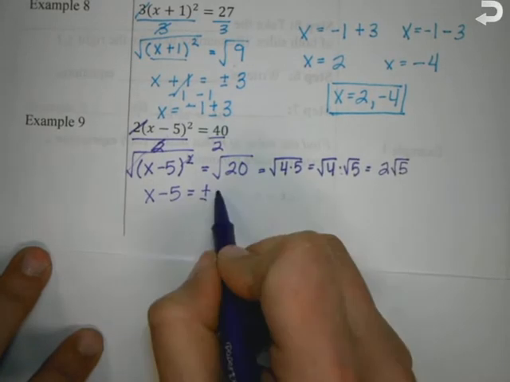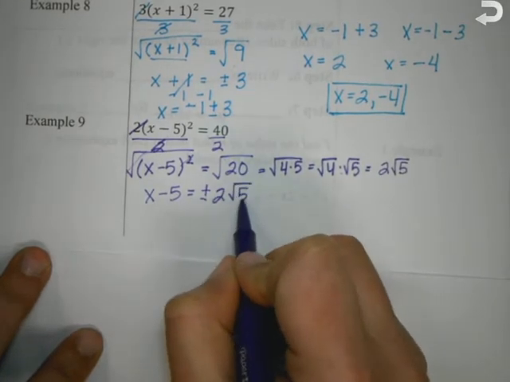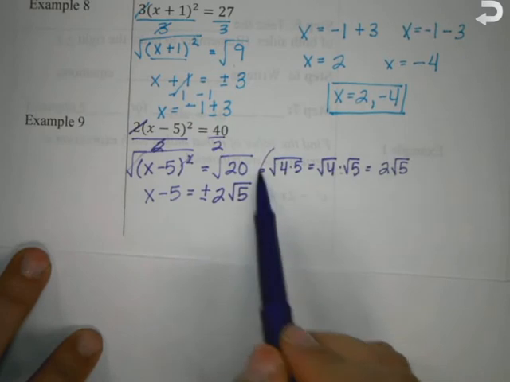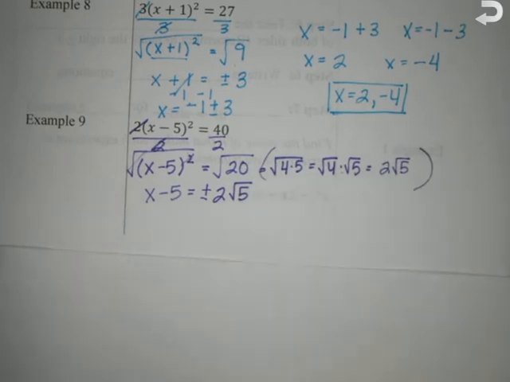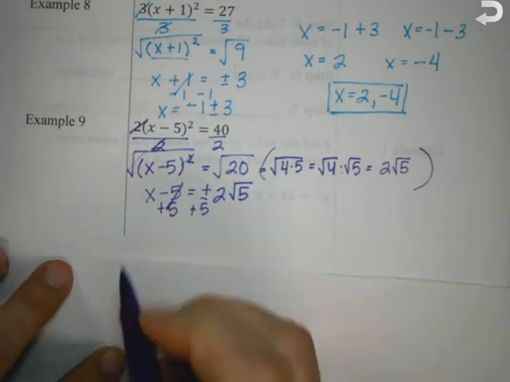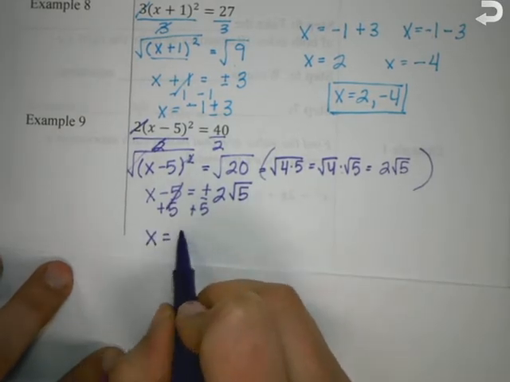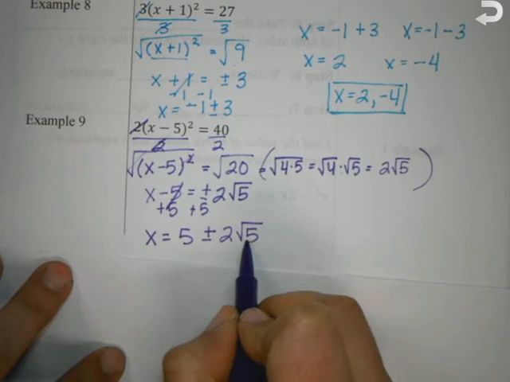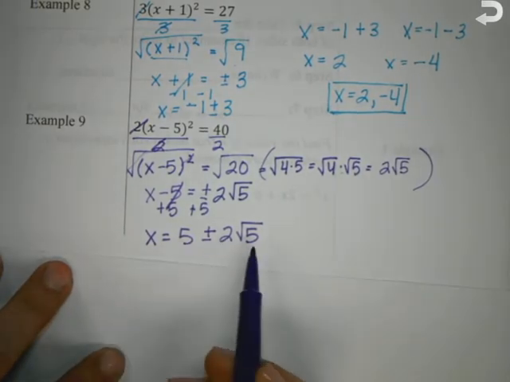Yes. Okay, now what? Add 5 to both sides. So that is x equals 5 plus or minus 2 square root 5. Can I add 5 too? No, they are not like terms. So that's your answer.